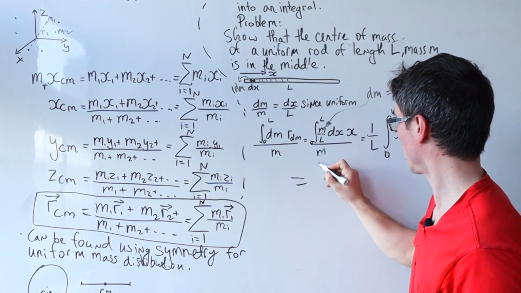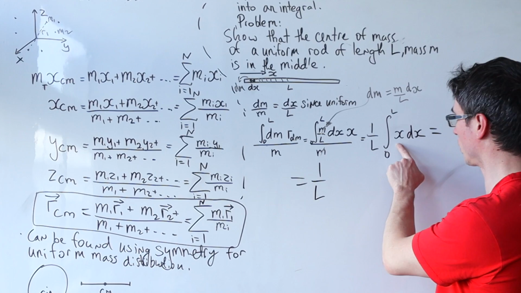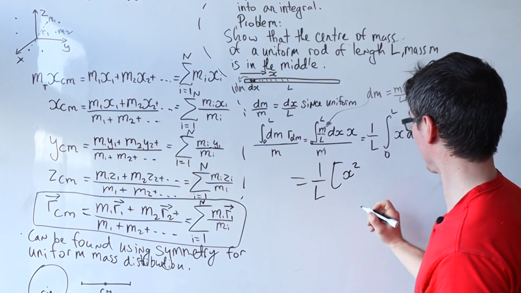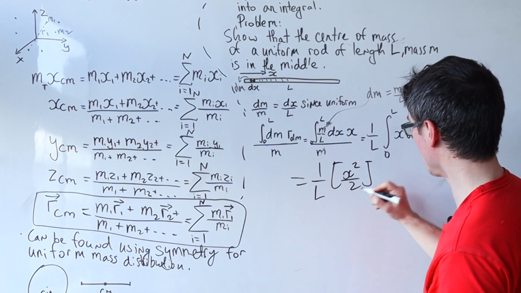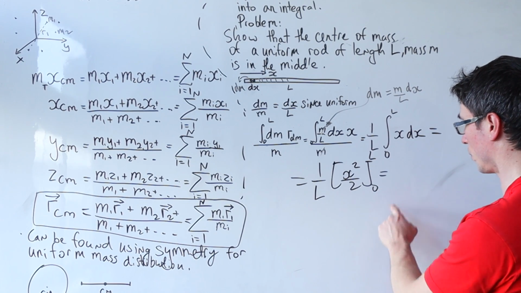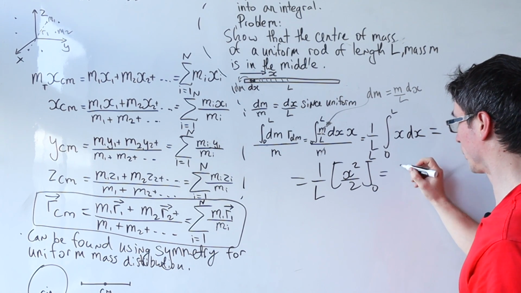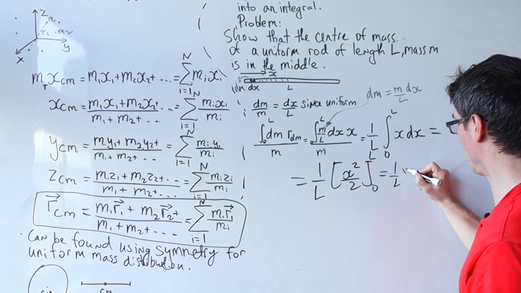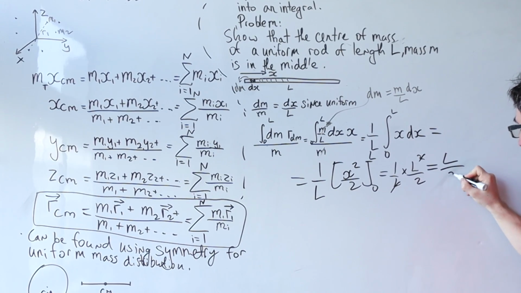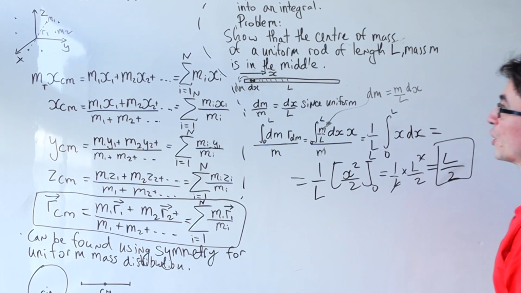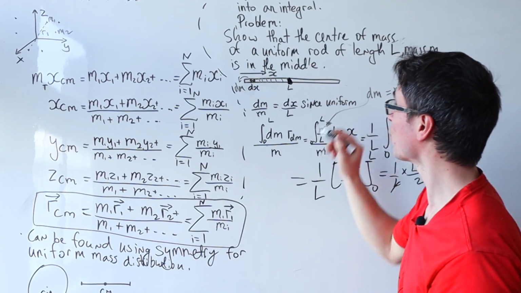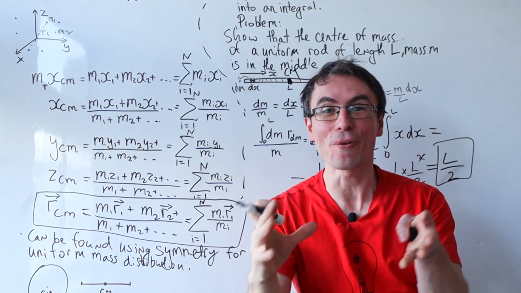The integral of x dx is just going to be x squared over 2, evaluated between 0 and L. So the 0 will just get cancelled out, so what we get is 1 over L multiplied by L squared over 2, and this just gives me L over 2. So the coordinate of the center of mass of a uniform rod is indeed right in the middle.